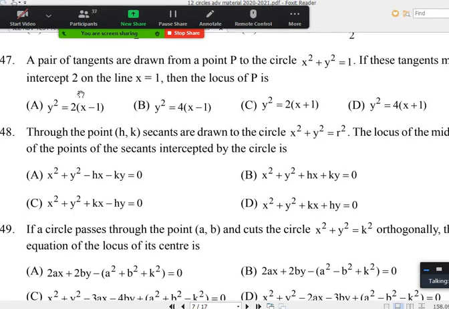Draw 2 tangents. Maybe it is not here, it can be even here also. This is one tangent, this is another tangent, but this length should be 2 units.